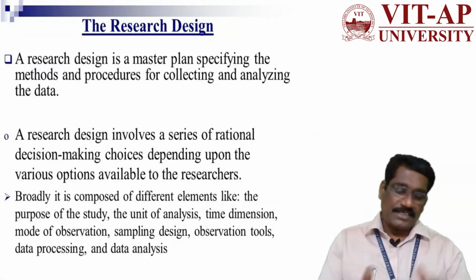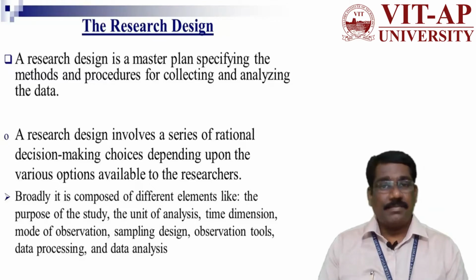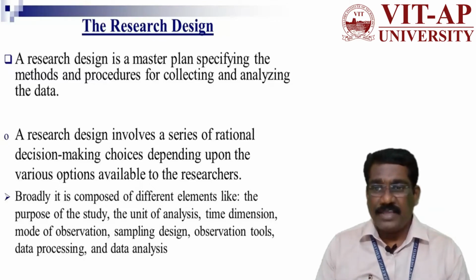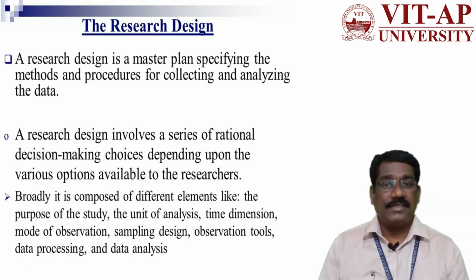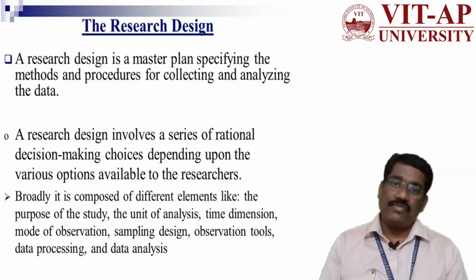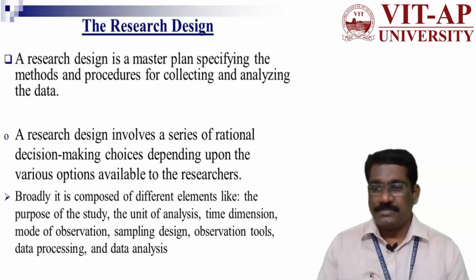The next process of the research is the research design. A research design is nothing but the master plan specifying the methods and procedures for collecting and analyzing the data. The research design involves a series of rational decision-making choices depending upon the various options available to the researcher.